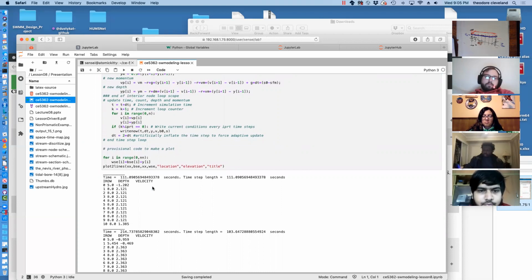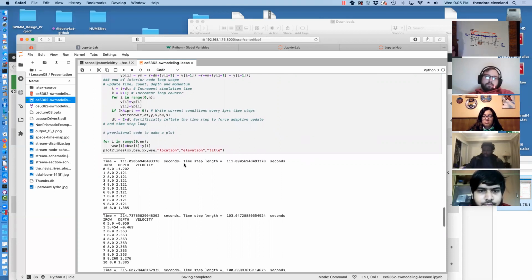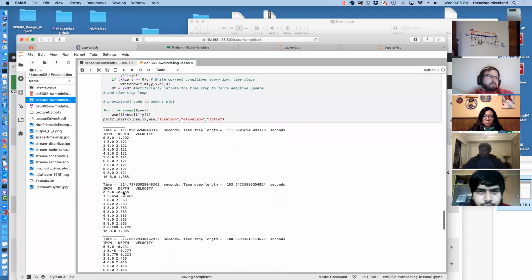And then at the end of that time step, it calculates our next time step length. Excuse me, it returns the time step length we just used. And then we go to our next time, which is 214 seconds. And this velocity is still negative, but getting smaller.